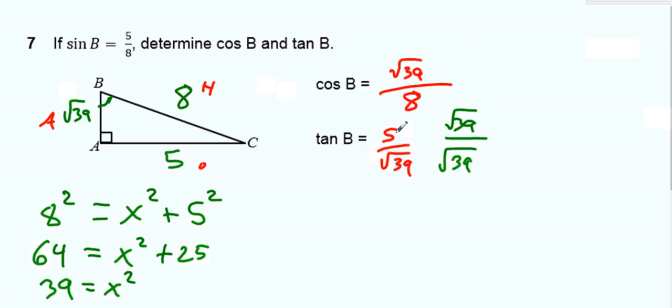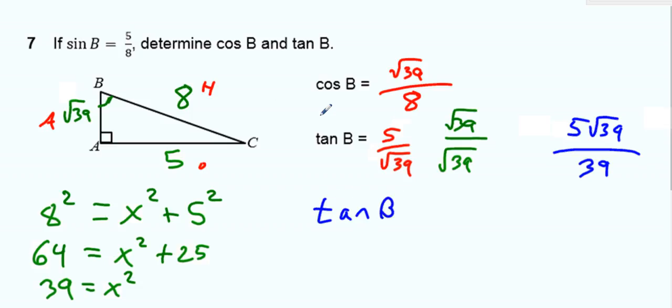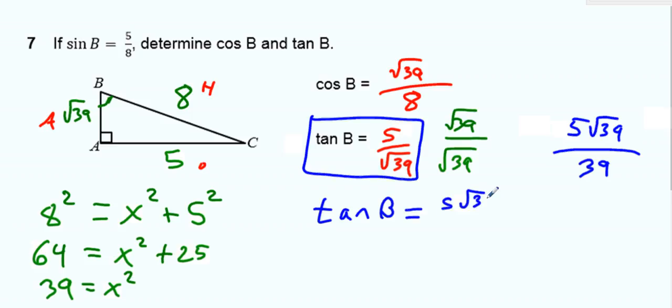So when you do that, you get 5 times square root of 39 is 5 square root of 39. And then square root times itself, you just lose the square root symbol. It just becomes a whole number, 39. So there's actually 2 ways you could write tangent here. We have 5 over the square root of 39 or 5 square root 39 over 39.